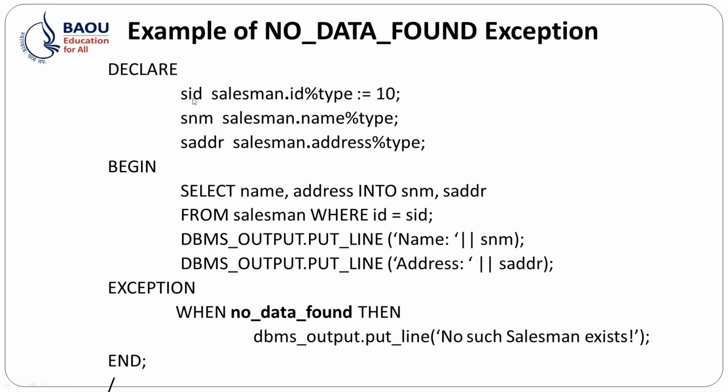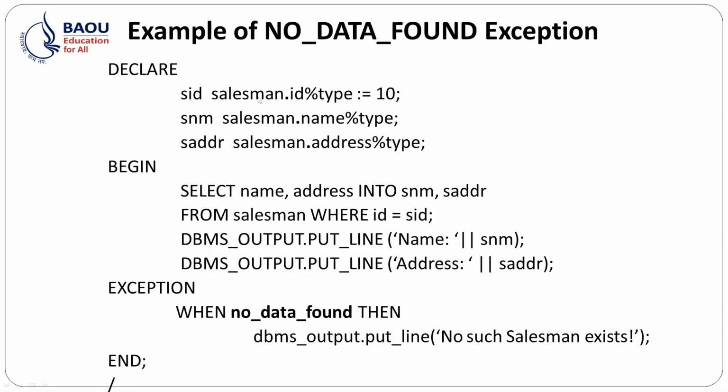So, the SID data type is the same as the ID column data type. SName is the same as in the salesman table: the name column's data type and size are assigned to this variable. And the address variable has the same data type as the address column.